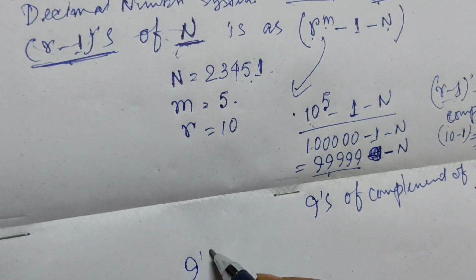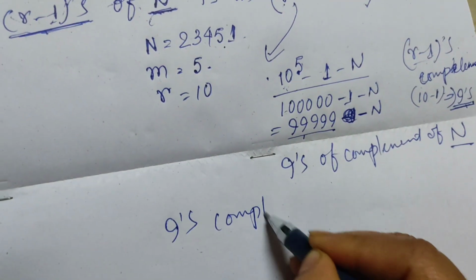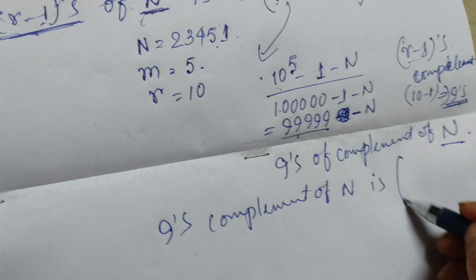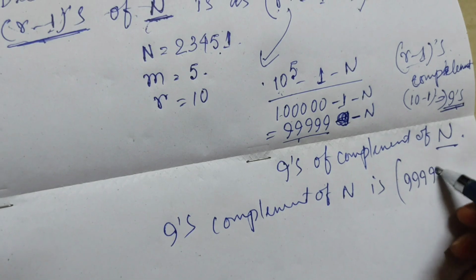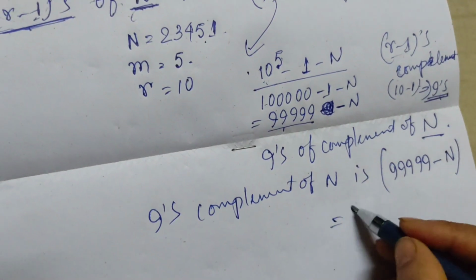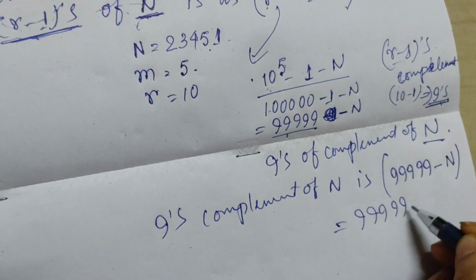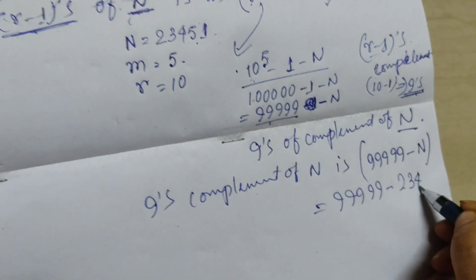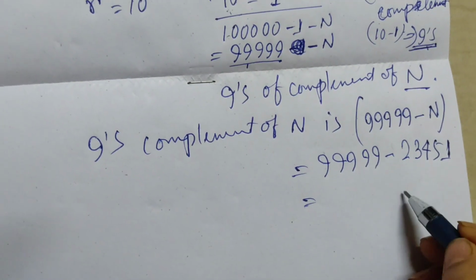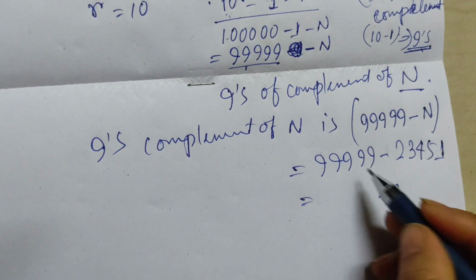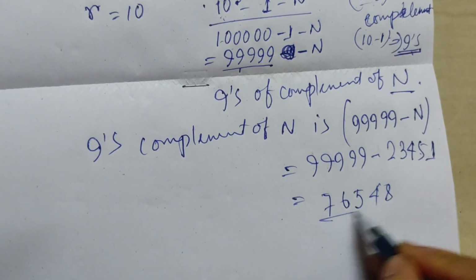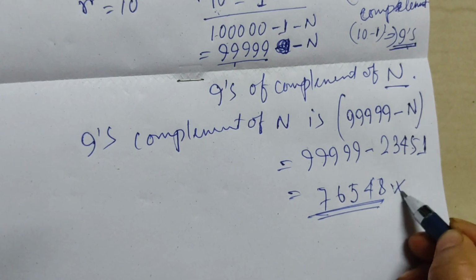So the 9's complement of n is 99999 minus n, so 99999 minus 23451. What will be the value for it? 76548. So this is the 9's complement of the number.